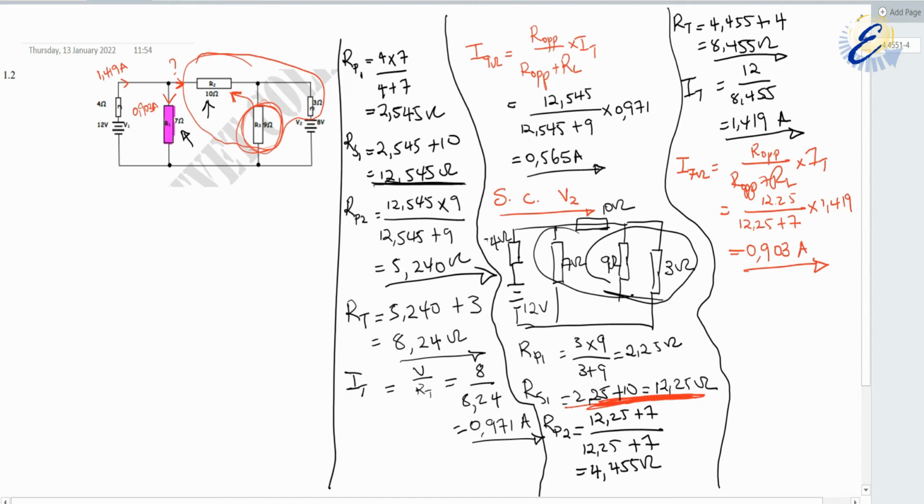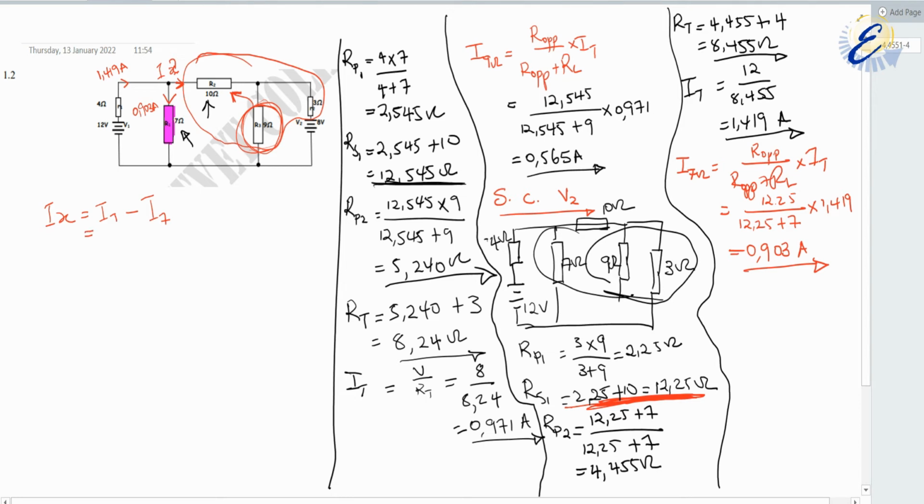So let us see. This current, we can name it X, right? This is Kirchhoff's law. What can we say? We can say IX is equal to IT minus I7 ohms.